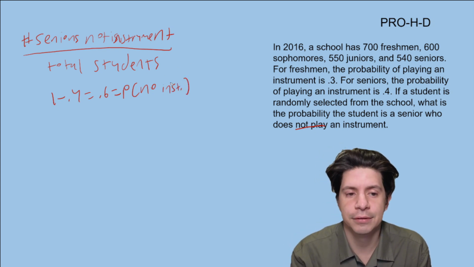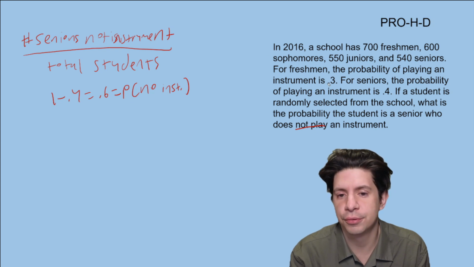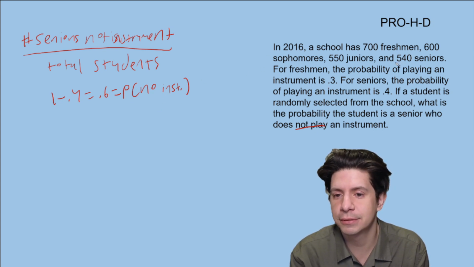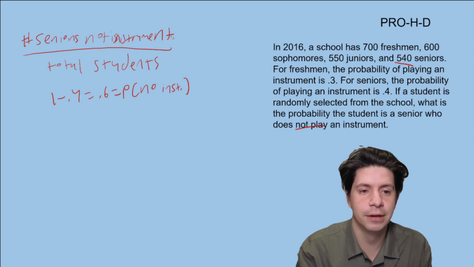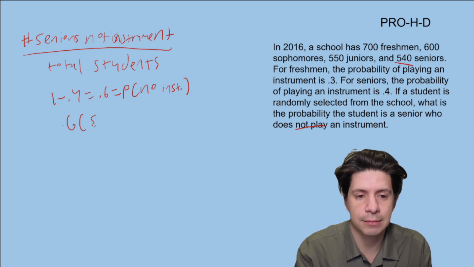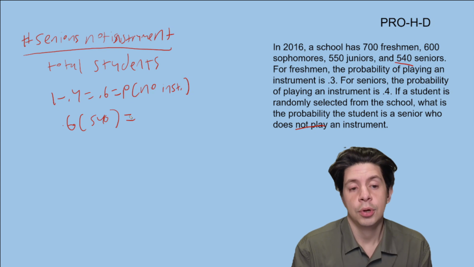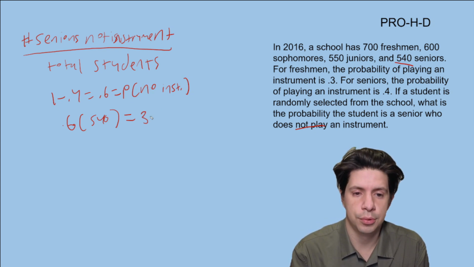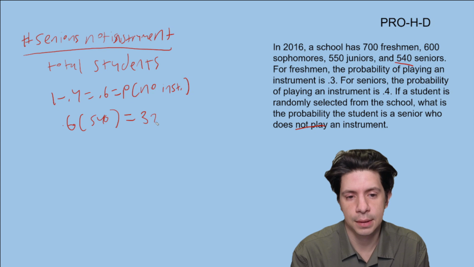And then if you take that number, 0.6, we're going to multiply it by the number of seniors, which is 540, to find the total number of seniors who don't play an instrument. So we'll do 0.6 times 540, which will be 324.